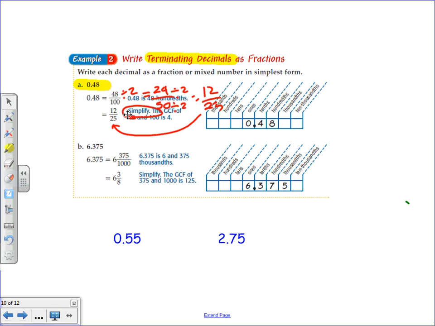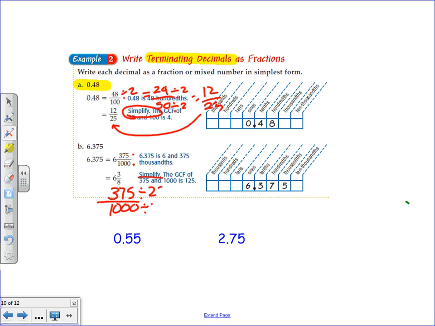6.375. 6 and 375 thousandths. Listen to what you're saying. 375 thousandths. So 375 is our numerator, and thousandths is our denominator, 375 thousandths. Again, you'll have to simplify this, and you take the 375 over 1,000, and you keep dividing it so you can't divide anymore.